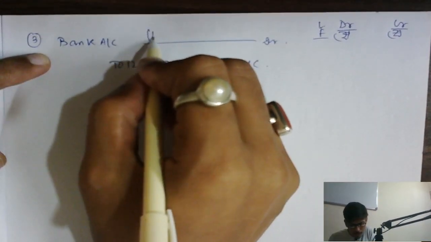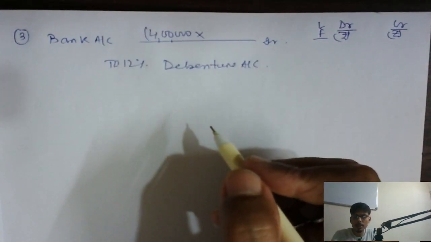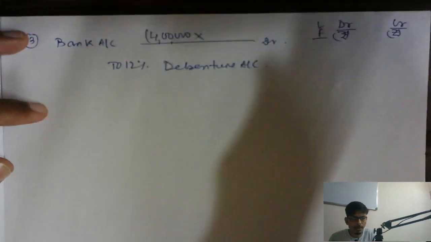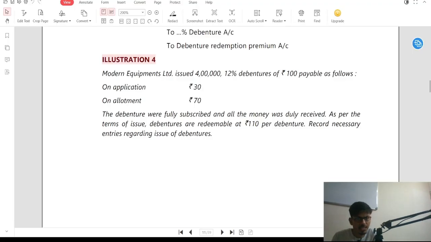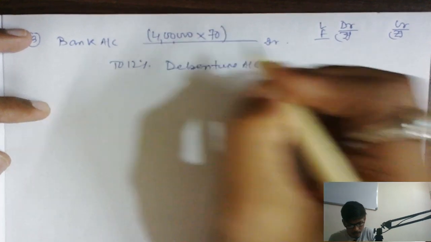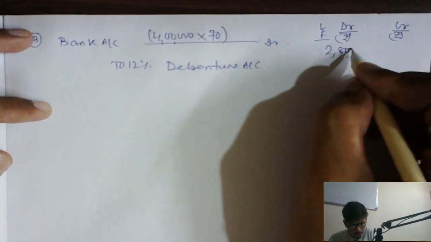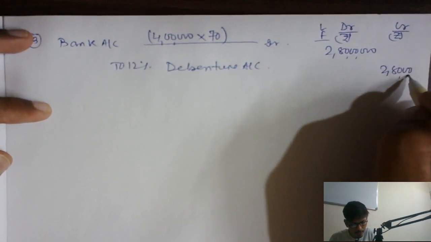Now see, 4 lakh is the number of debentures and the amount is your 70. It's clearly given: 70 on allotment. So 4 lakh multiplied by 70 is 2 crore 80 lakhs. Here also 2 crore 80 lakhs.